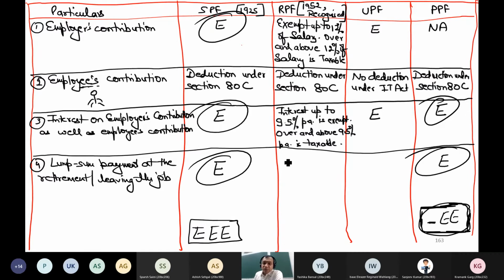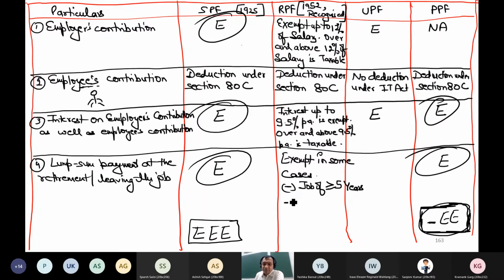In RPF also it is exempt in some cases. Those cases are, for example, continuous job of 5 or more years.